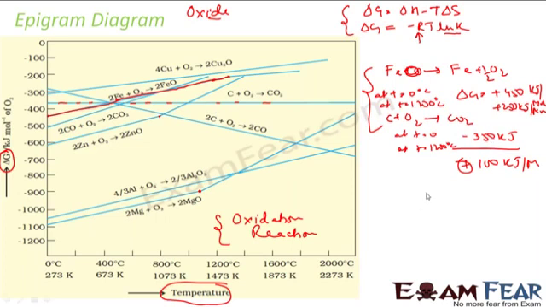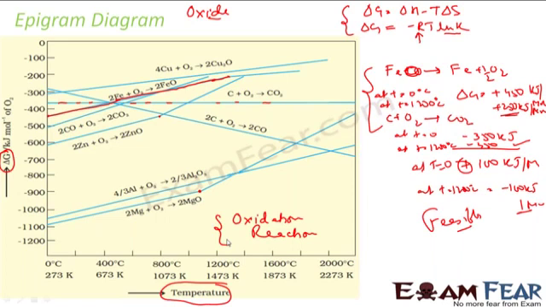Now if you add these two reactions, at T equal to 1200 degrees Celsius, this minus 350 and plus 250, what you get is minus 100 kilojoule per mole. Since this is negative, that means this reaction is feasible. So even if you combine these two reactions, it is not feasible at T equal to 0, but it is feasible at T equal to 1200 degrees Celsius.